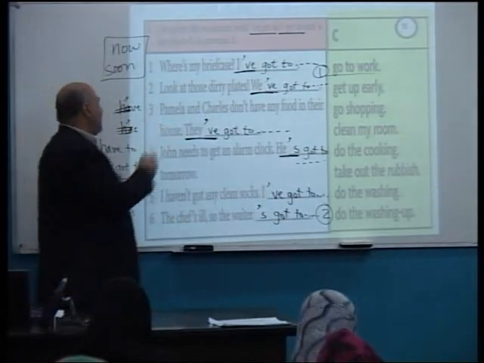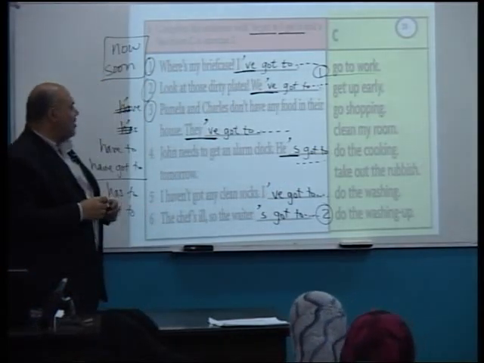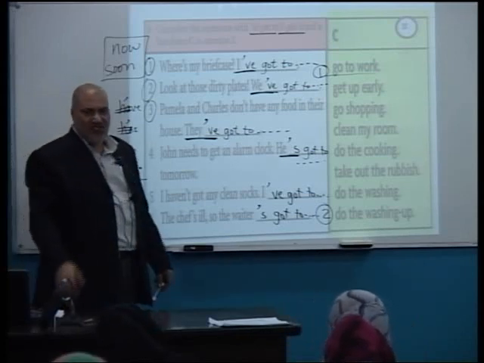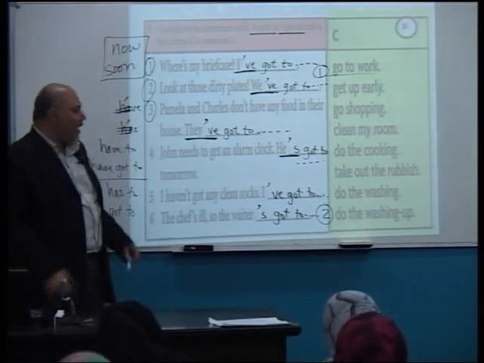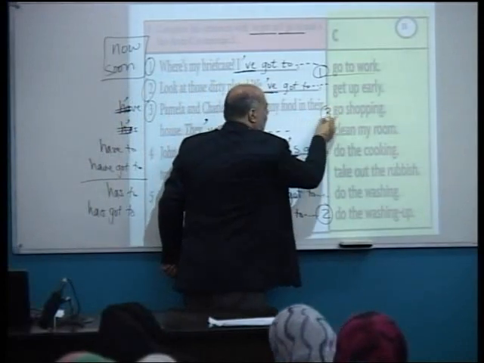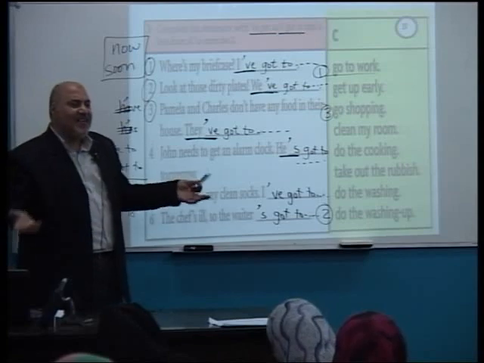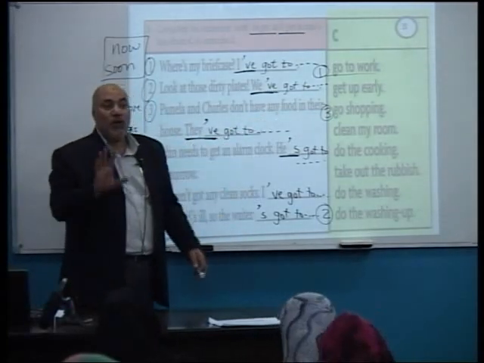Number 3: Balima and Charles don't have any food in their house. They've got to go shopping. Why? They don't have anything in their house. Tomorrow?